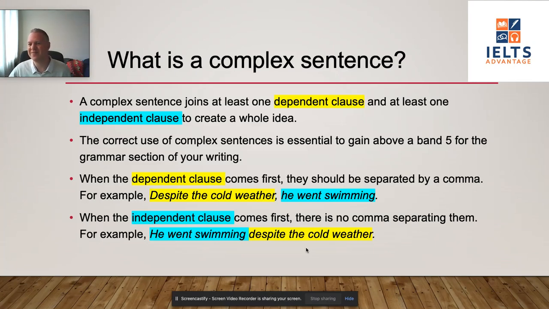"I will get wet" is an independent clause, and that goes second. However, if you switch them around and you put "I will get wet if it rains," now because we've got the independent clause coming first, there's no comma. So that's the comma rules, and that's a lot of understanding. This really helps with understanding the punctuation that you should be following in your essays.